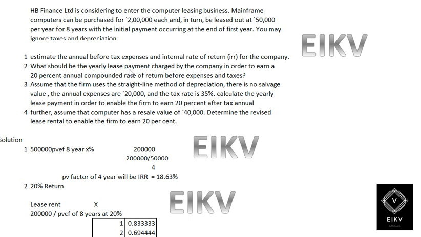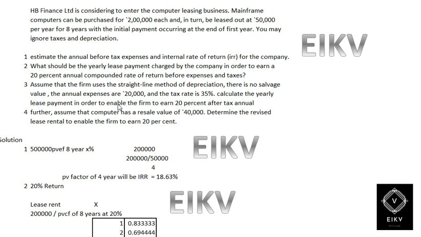What should be the yearly lease rent charged by the company in order to earn a 20% annual compounded rate of return before expenses and taxes? Assume that the firm uses the straight line method of depreciation. There is no salvage value. The annual expenses are 20,000 and the tax rate is 35%.